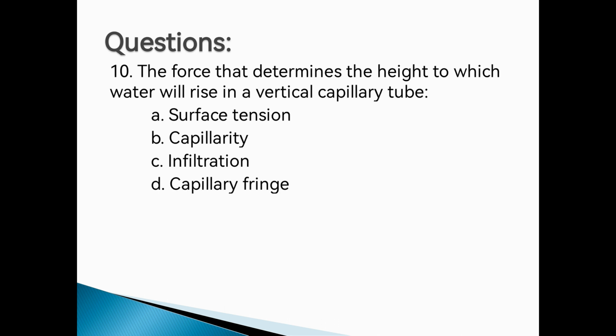Number 10. The force that determines the height to which water will rise in a vertical capillary tube. A. Surface tension. B. Capillarity. C. Infiltration. D. Capillary fringe. The correct answer is A. Surface tension.